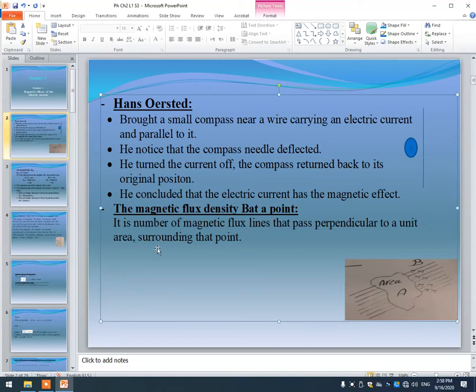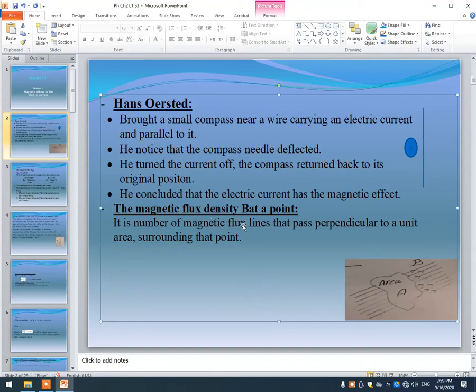After that, we can't stop at this point only, but we need to find the difference between the magnetic flux as a physical concept and the magnetic flux density.